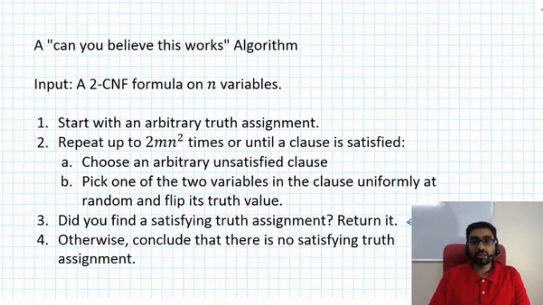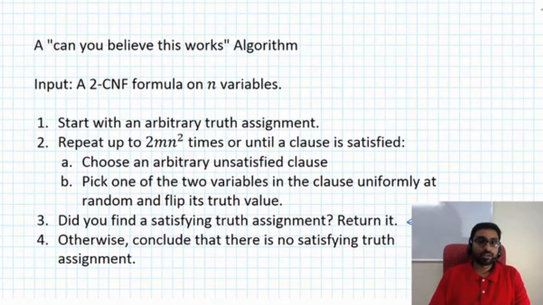So there's always going to be an unsatisfied clause if we are inside the loop. And so we find one such clause, and we look at the 2 variables in that clause. Remember, this is 2CNF, so there are 2 variables. And we just pick one of them uniformly at random and flip its truth value.